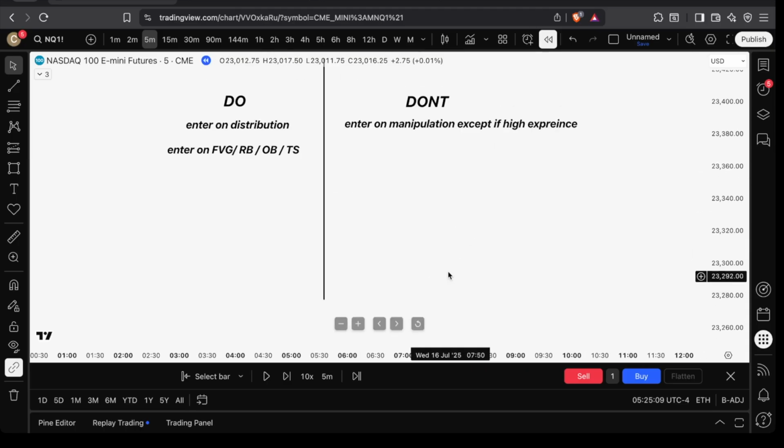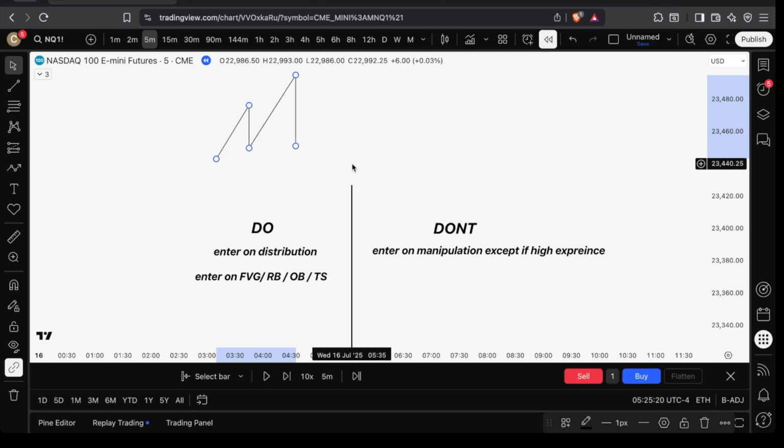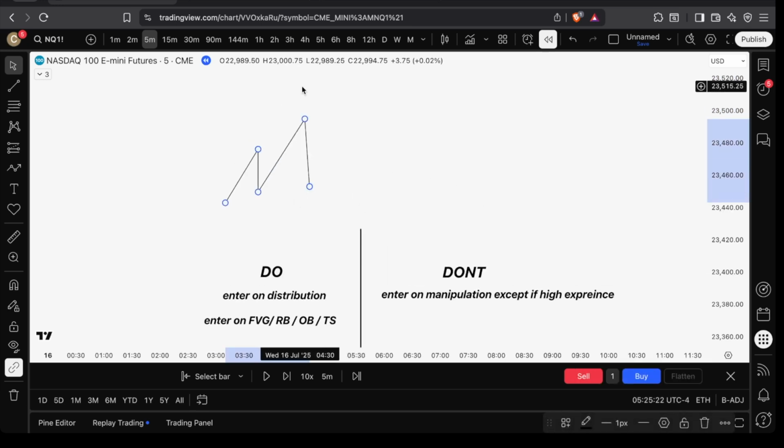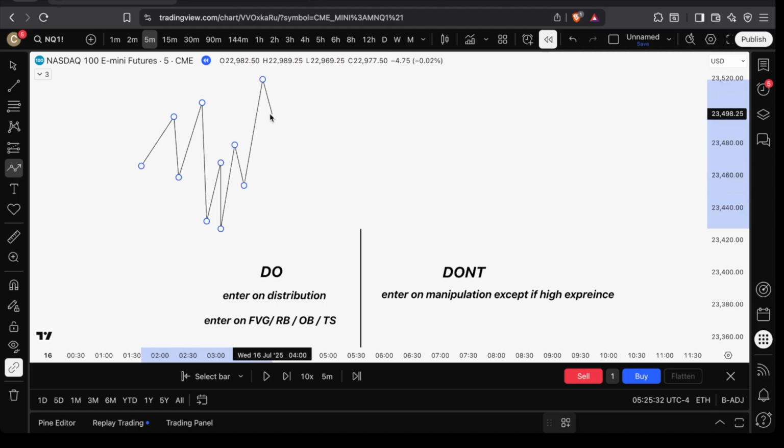If we are watching a chart and you can't see anything, right? Accumulation, manipulation, distribution, right?